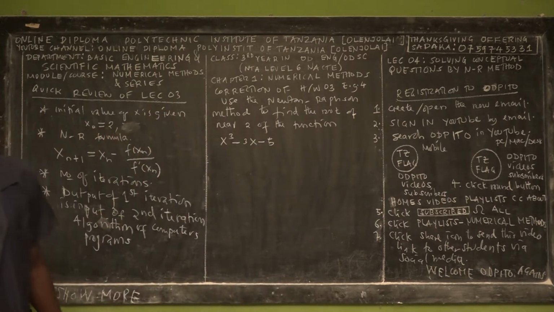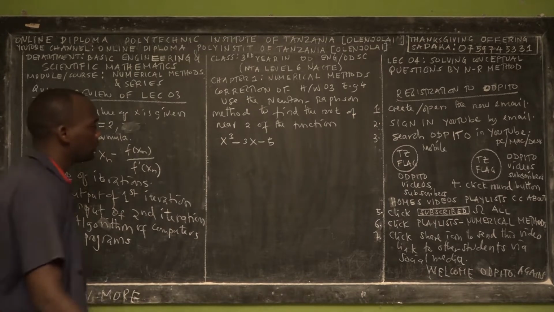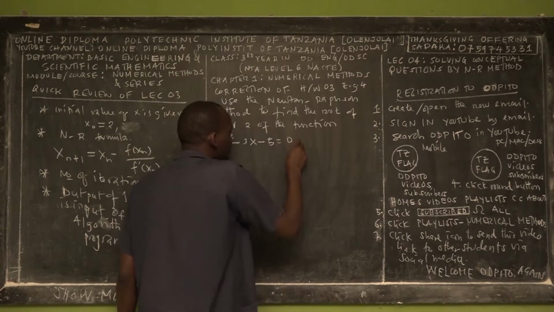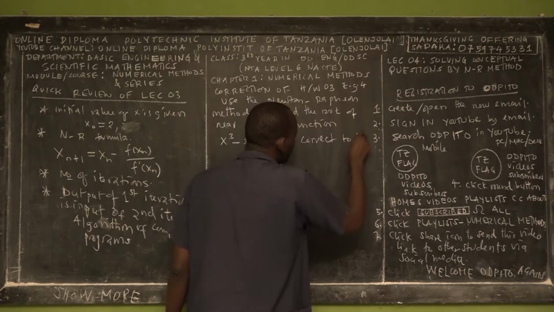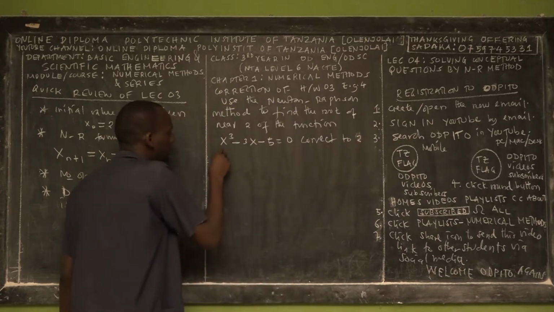So the function x cubed minus 3x minus 5 is equal to 0. Correct to 2 decimal places.